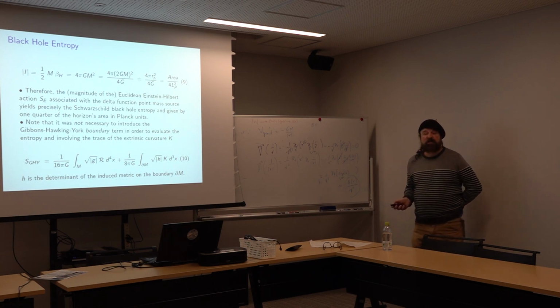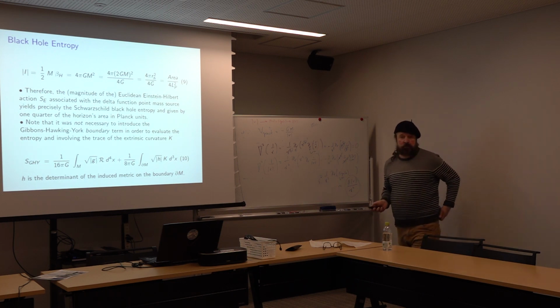When the curvature scalar is zero in the Schwarzschild metric, this term is zero, and you end up having only the boundary term contribution. And Gibbons and Hawking showed that the Euclideanized version of this action is going to give you the black hole entropy.